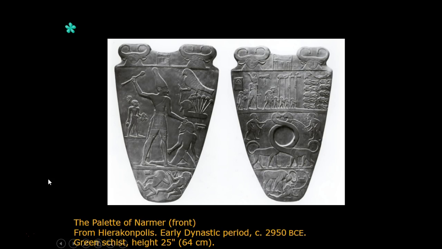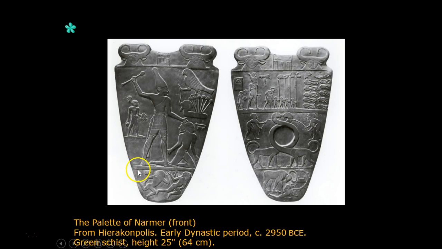One figure, named by the hieroglyphic inscriptions and standing on his own ground line, holds the king's sandals. So we're looking back over here on this part of the side of the palette. And Narmer is barefoot, if you notice here, because he's standing on sacred ground, performing sacred acts.